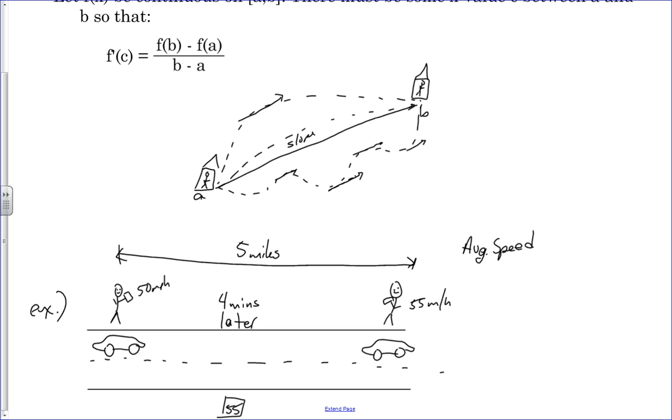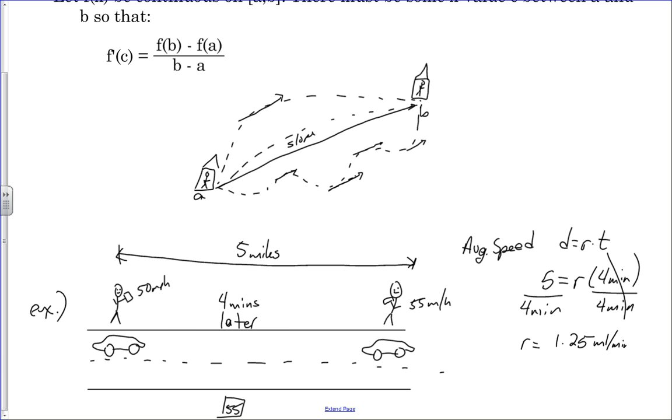And this is where the mean value theorem comes in. We know that distance equals rate times time. Our distance was 5 miles. We don't know our rate. We know our time was 4 minutes. Divide both sides by 4 minutes because we want to get the rate by itself. So his rate was 1.25 miles per minute.